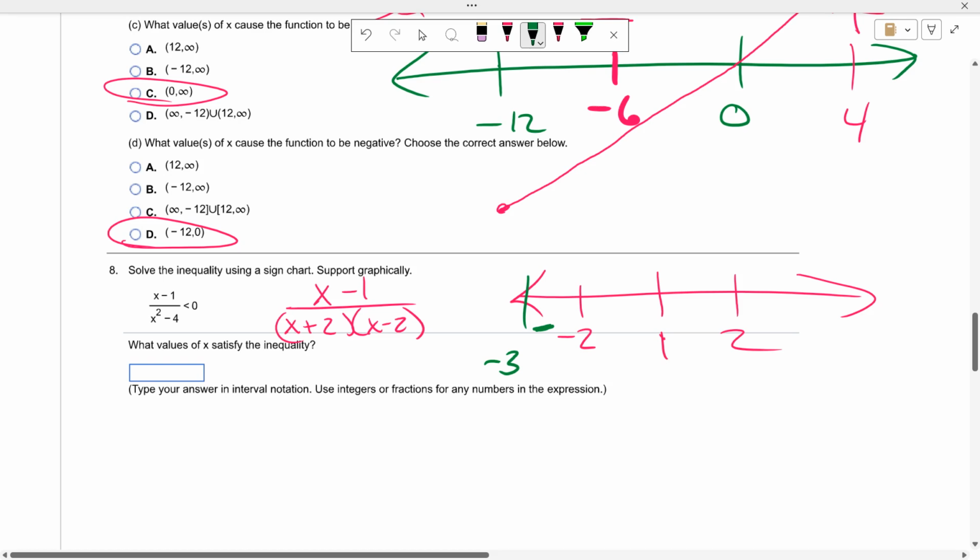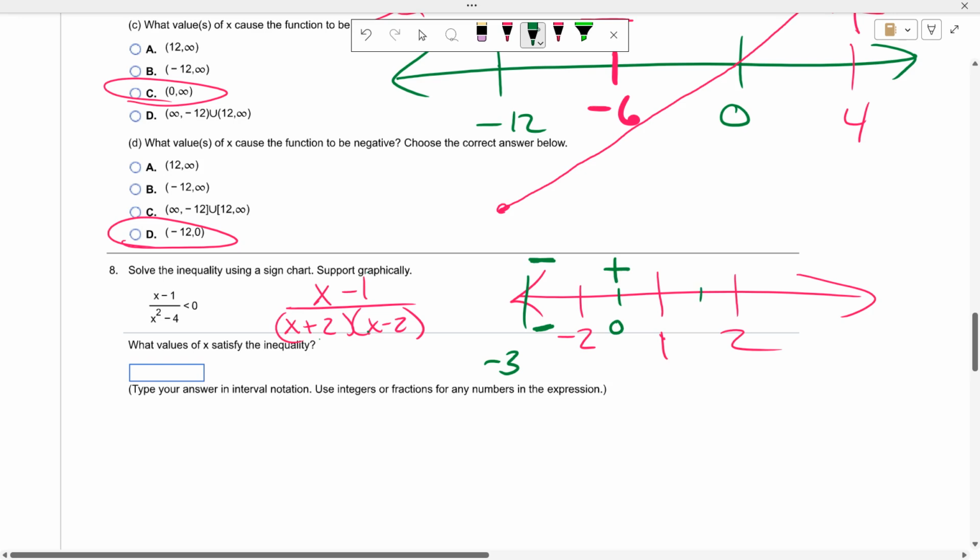So going with what we've gone with so far, it should change here at negative 2. So let's see. Well, in between negative 2 and 1 is a 0. So it makes it negative on top, a positive times a negative on the bottom. Positive times negative is negative. Negative over negative is a positive. So we're negative here, positive here.